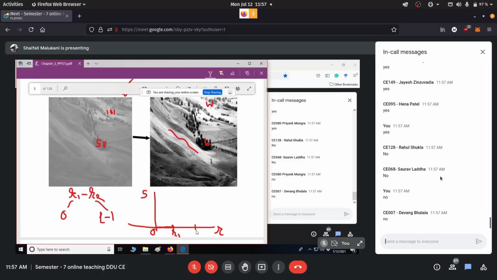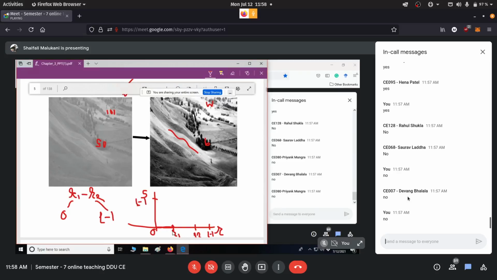Then do I have values from R2 to L minus 1? I don't have values from 100 to 255 as well, right? In my output, what I desire is that it should go up to L minus 1 as well.